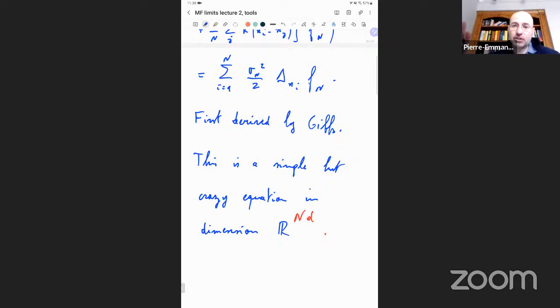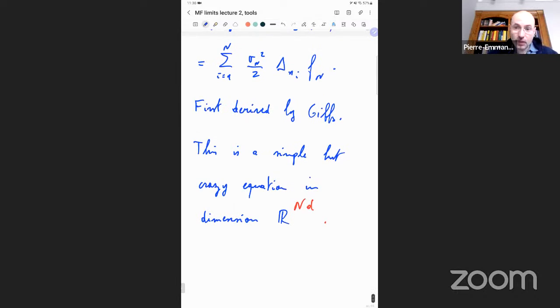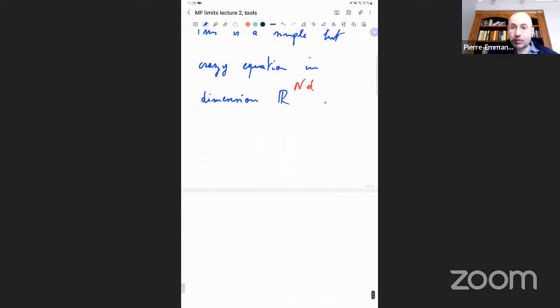This is out of reach, completely out of reach. Maybe if we have a quantum computer one day, but even then, very unlikely. So this is a crazy equation in that sense. So what do we do with this?